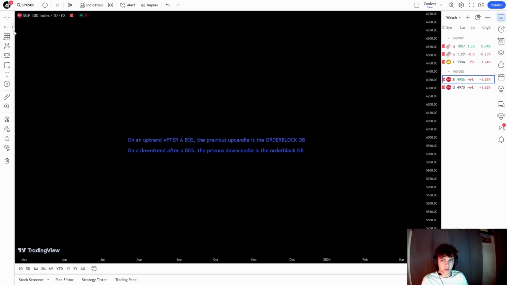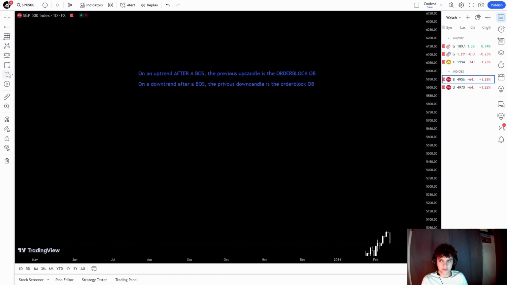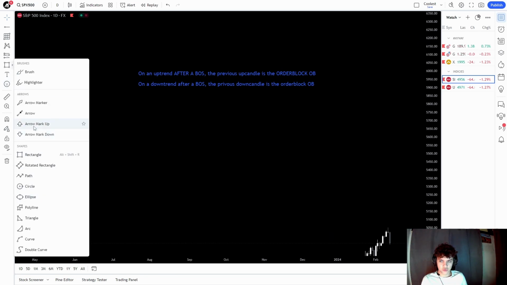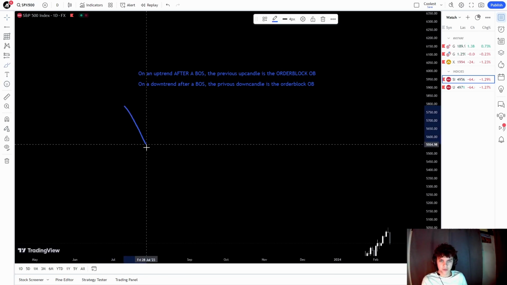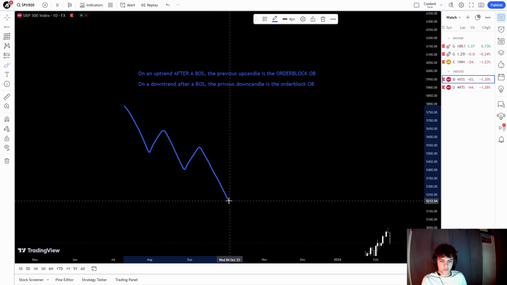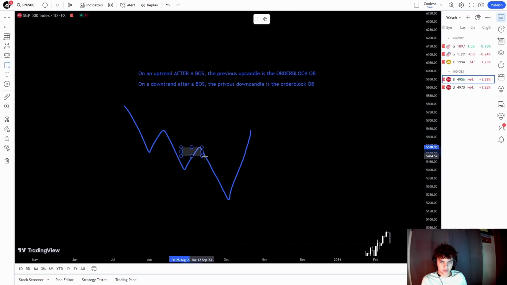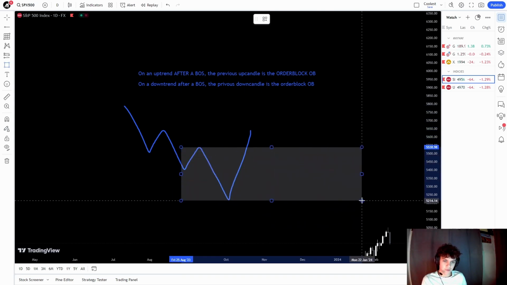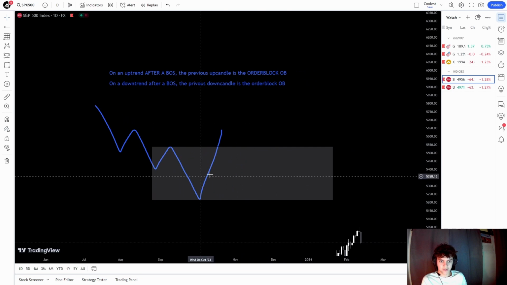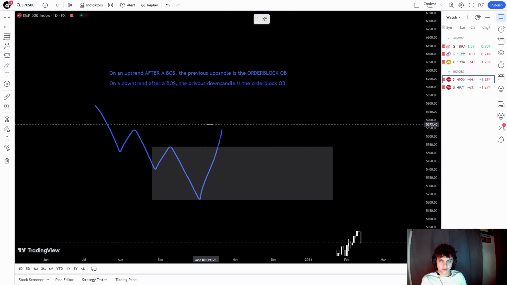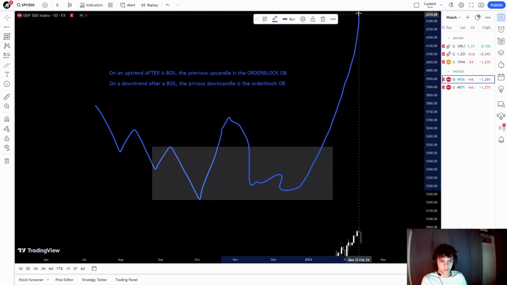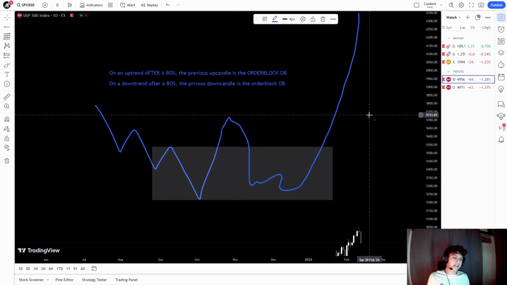Okay, and on a downtrend, the break of structure. So the last down candle after the break of structure, the most previous one after the break of structure, is the order block. So this is ideal. Boom, boom. That's the ideal, okay?